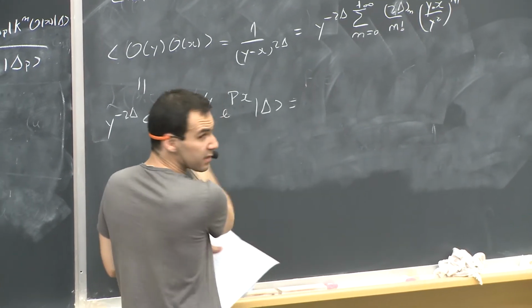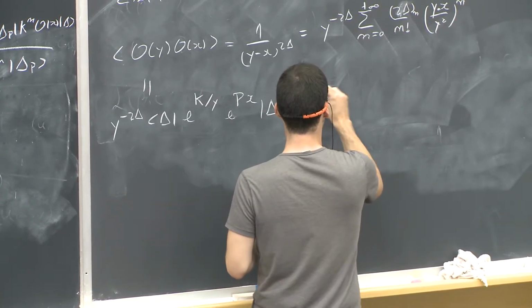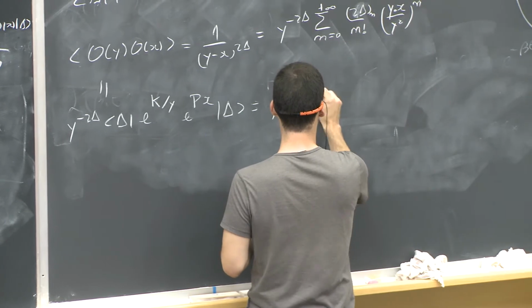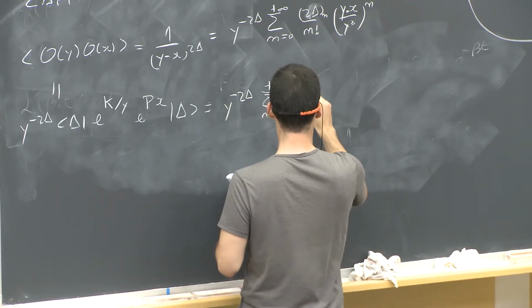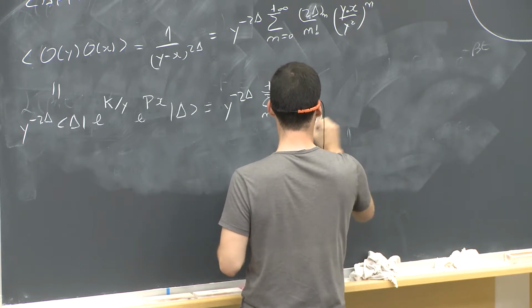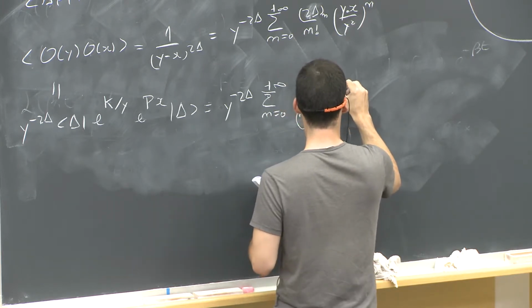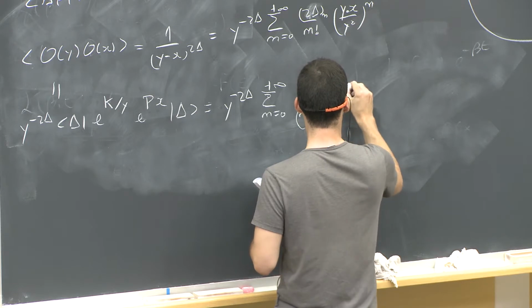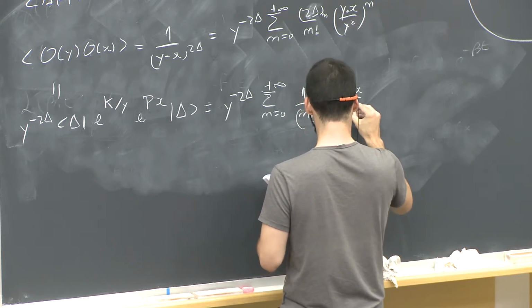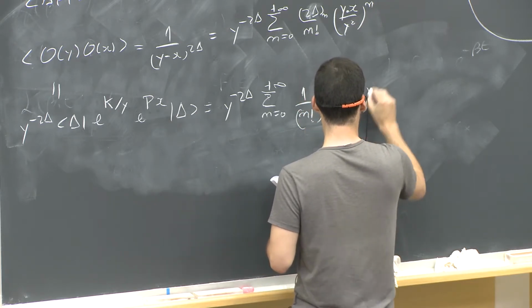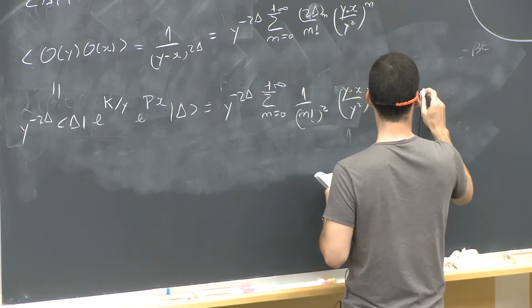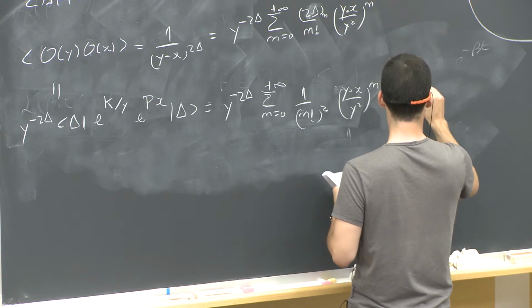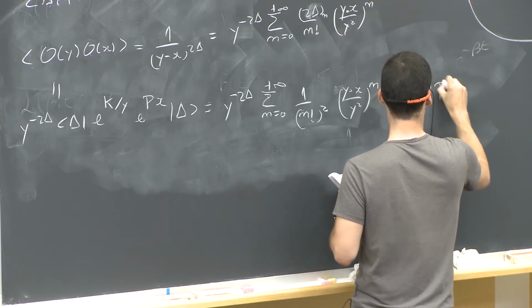But you can just expand these exponentials, right? So this is y to the minus 2 delta sum over n of 1 over n factorial squared, yx over y squared to the n, delta kn pn delta.